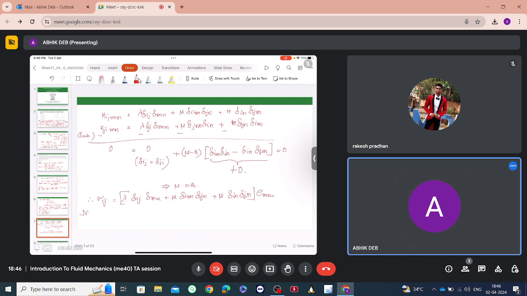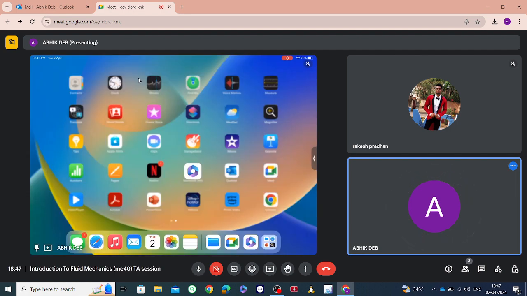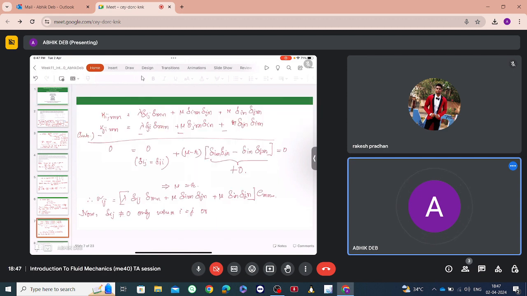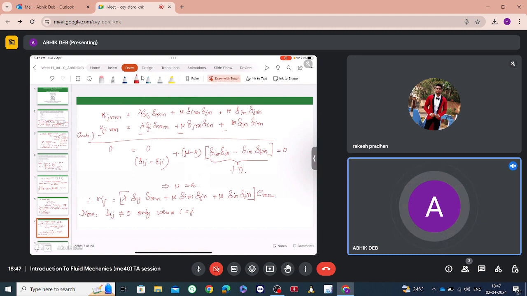Now this delta ij, that is, the Kronecker delta, is not equal to 0 only when i is equal to j, and we are also considering delta mn, which will not be equal to 0 only when m is equal to n.